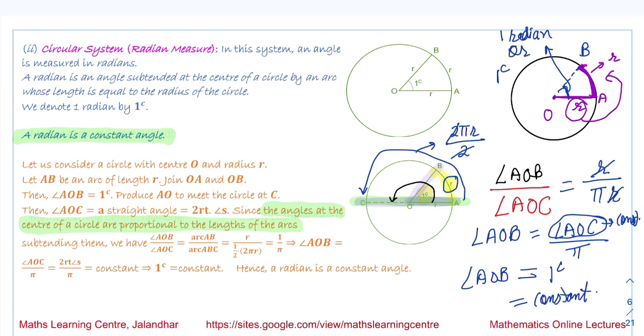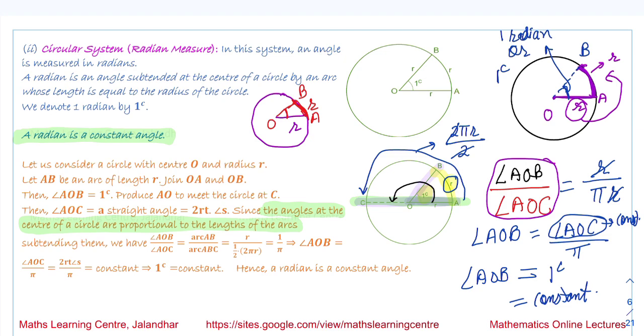What we mean to say is that when we are measuring this angle, the definition says that we have taken a circle of radius R. We have marked an arc over here whose length is R. We have joined these 2 points, A and B, and O is there.